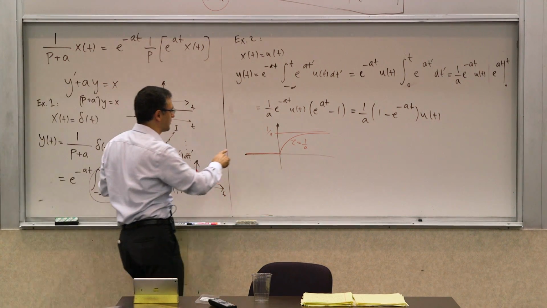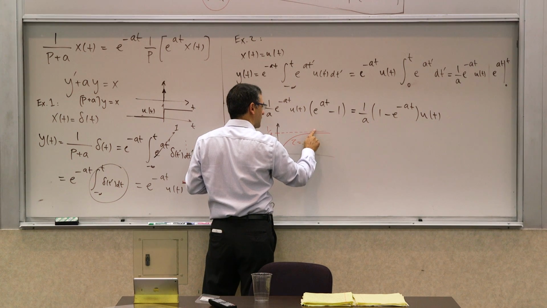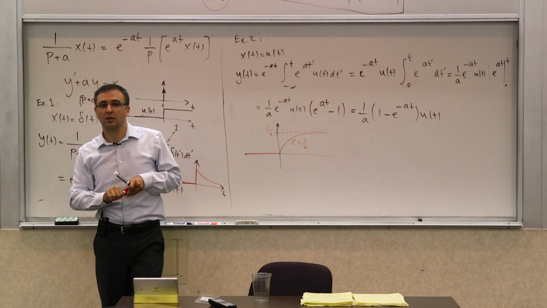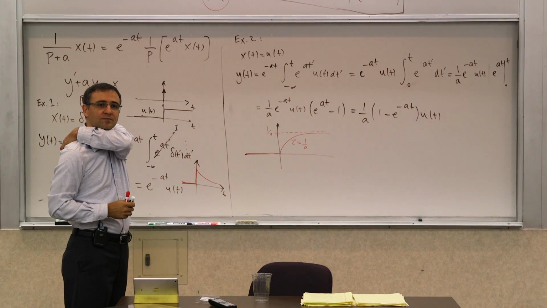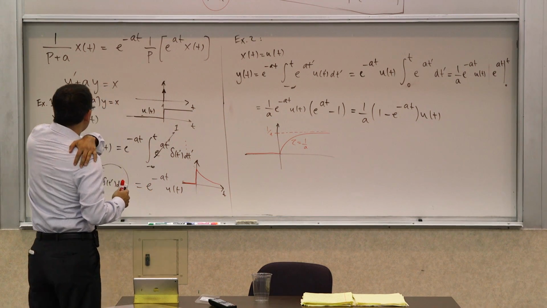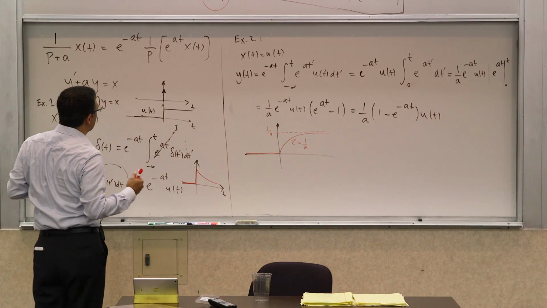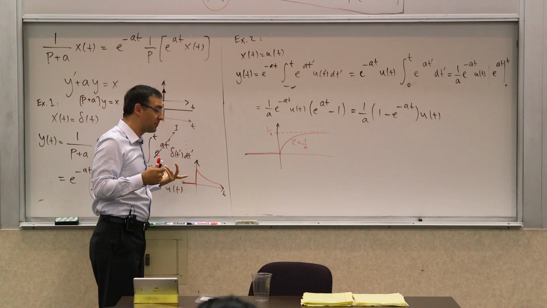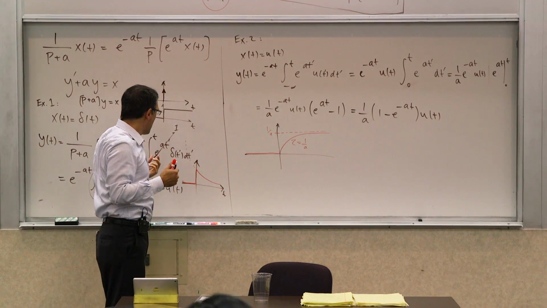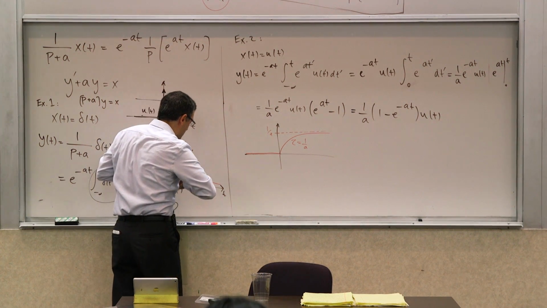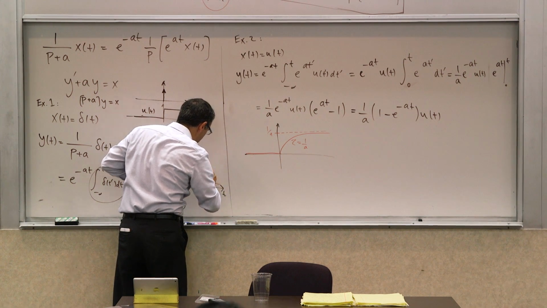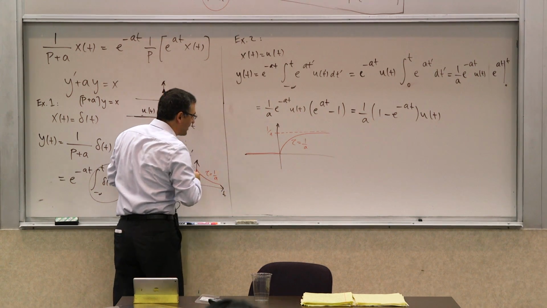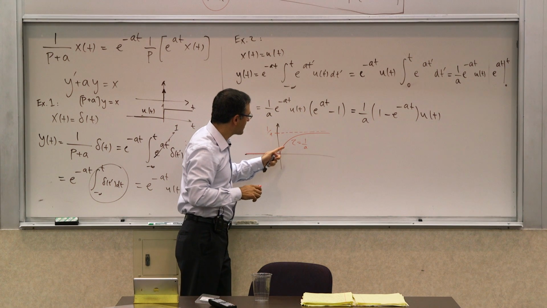So this is the asymptote. Okay? Does it make sense? And you can kind of see, right? When I say low pass, again, we will develop this intuition more. And this time constant is also 1 over a. So you can see, for example, the step response.